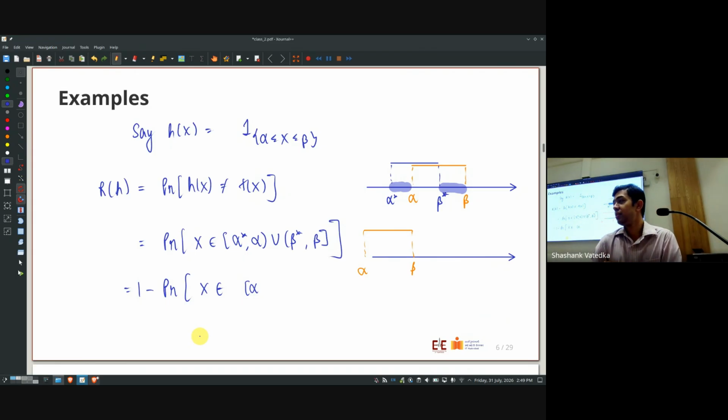Can you say all of this in terms of set operations between the sets? Okay, so certainly if you're in the intersection between alpha star, beta star, then you're correct, right? But is this the only case?